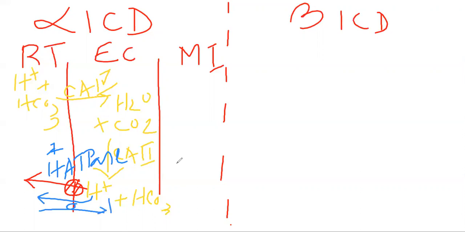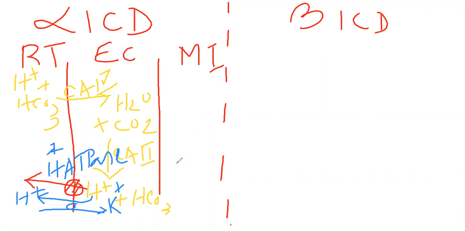So potassium ion will enter here, and hydrogen ion will be moving out.